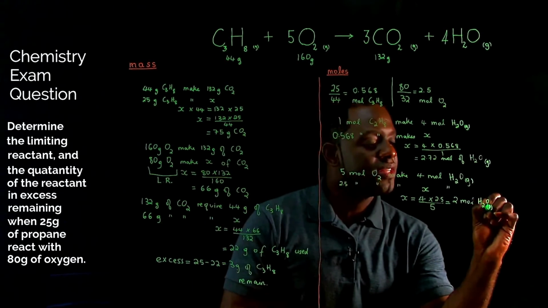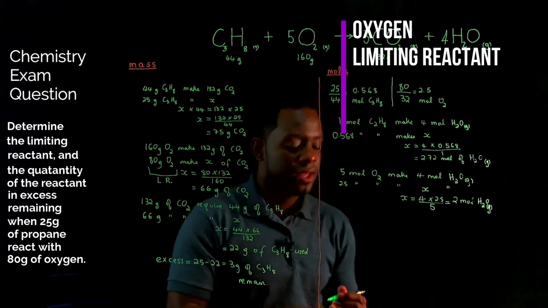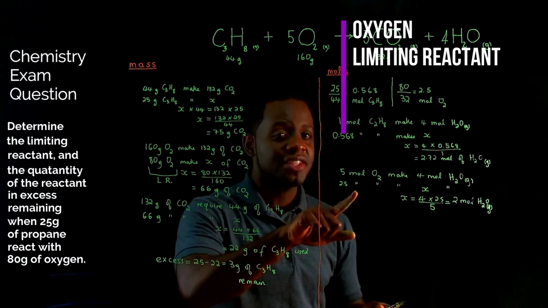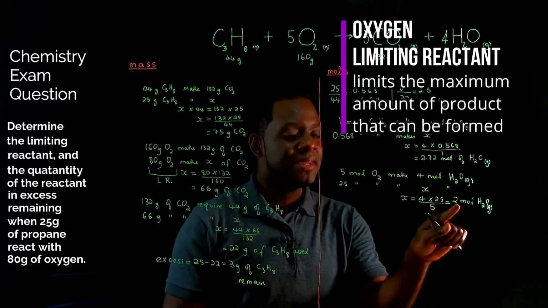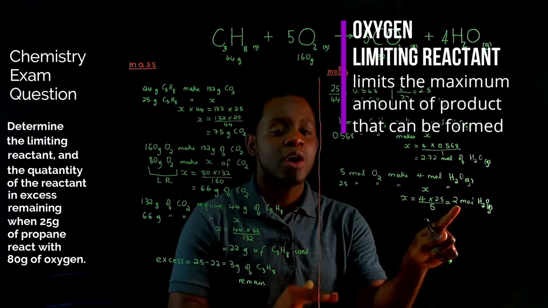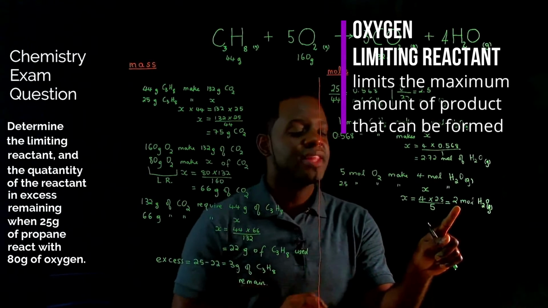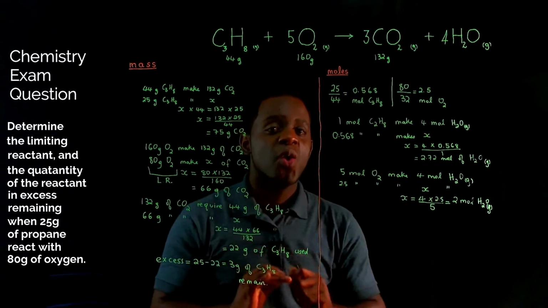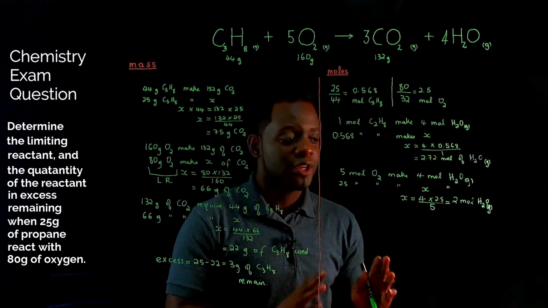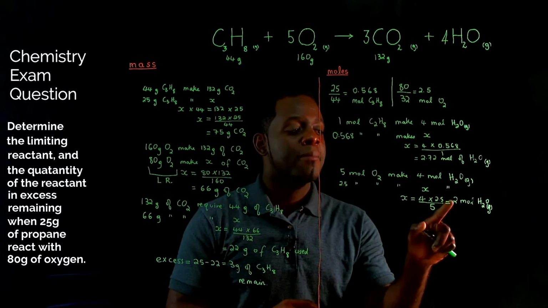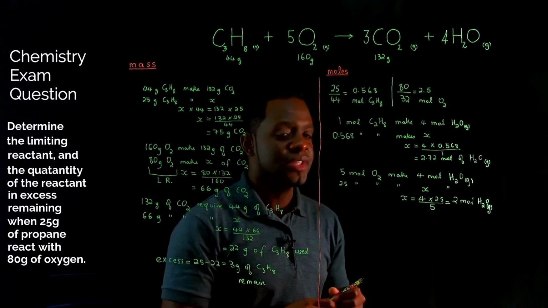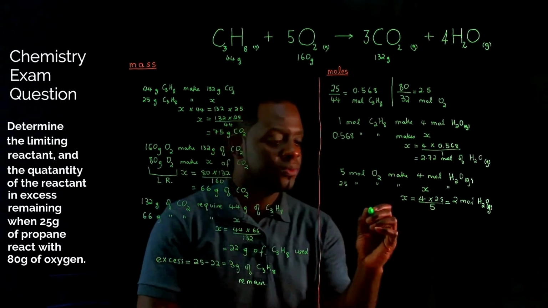So here we see again that the limiting reactant is the oxygen, as it limits the amount of steam product that can be made. So working backwards, we will be able to determine the amount of propane that was used in the reaction.